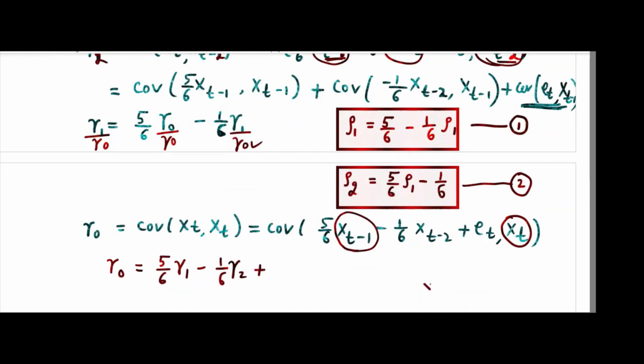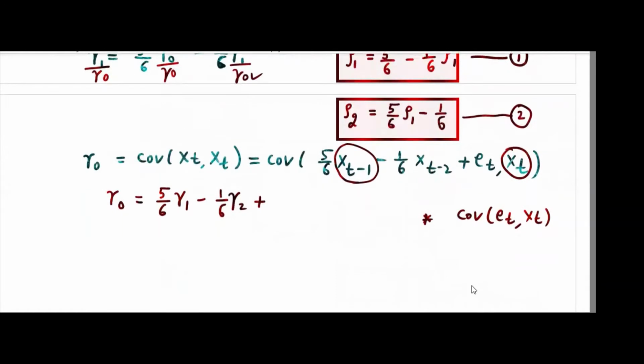So if you find separately covariance of et and xt, you will get it this way. Again in the right hand side, you can put the value, whatever is given, 5 upon 6 xt minus 1 minus 1 upon 6 xt minus 2 plus et, or directly you try to establish this value. So this is the standard one.